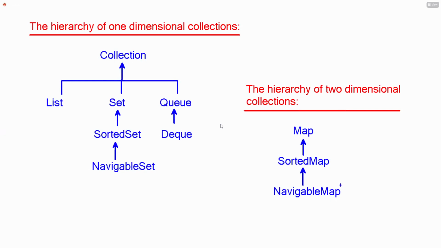Collection, list, set, queue, sorted set, navigable set, deck. Seven interfaces, one-dimensional.